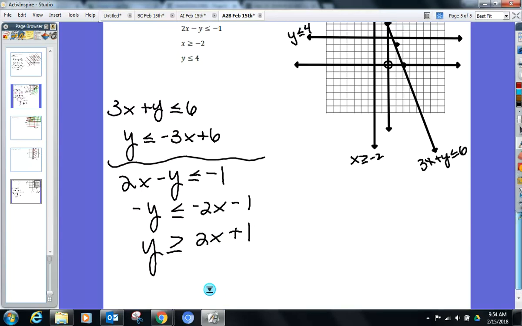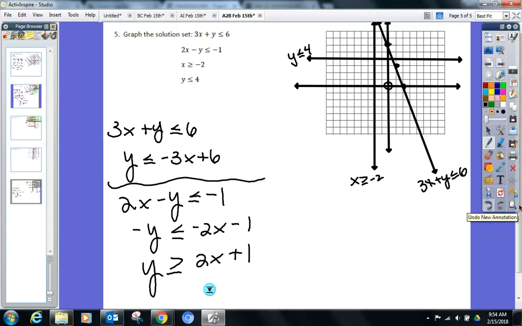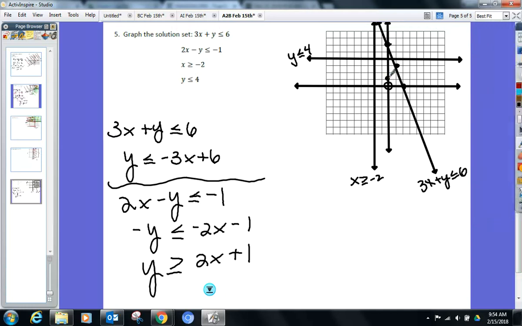Let's go, Matt. What's my y-intercept? 1. And where am I going from here? Up 2 over 1, yep. Up 2 over 1, just making sure I got it.